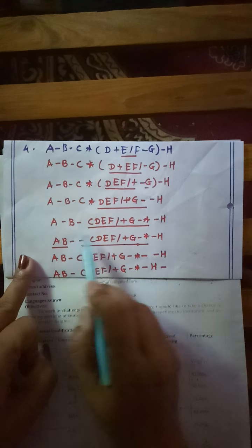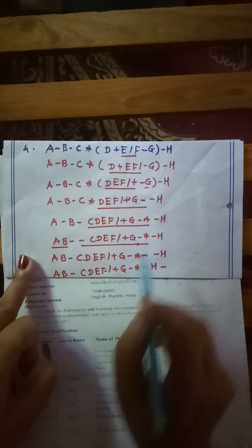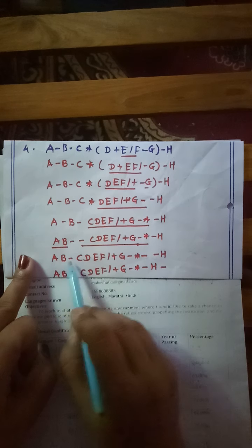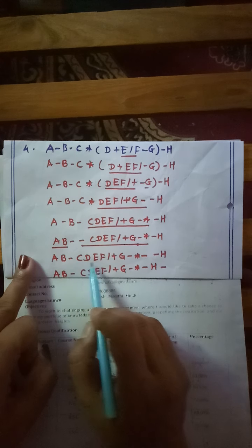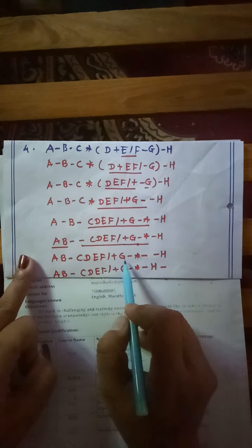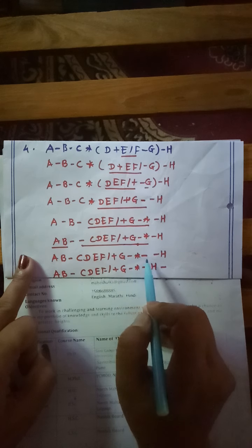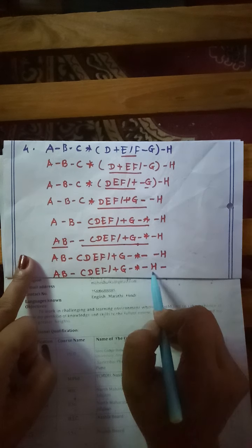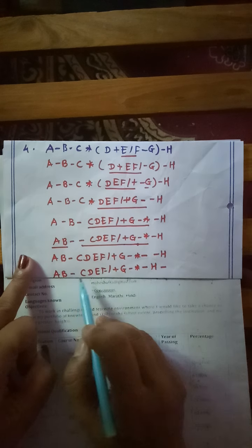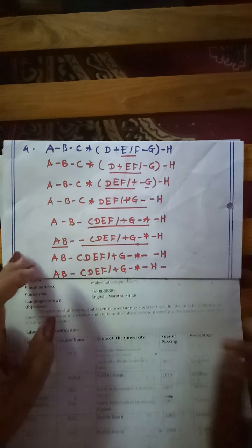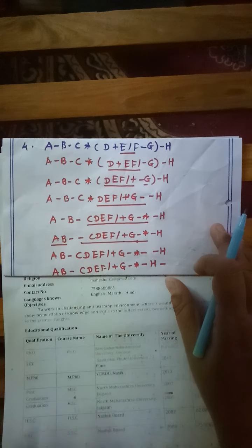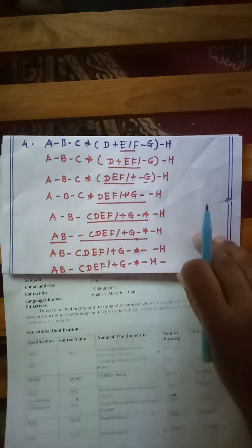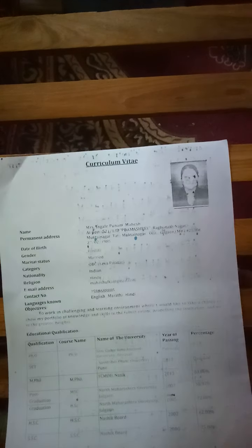This minus sign will go after these two operands: A B minus C D E F slash plus G minus star minus, and now minus H will be converted into H minus, and this is the output of the fourth example.